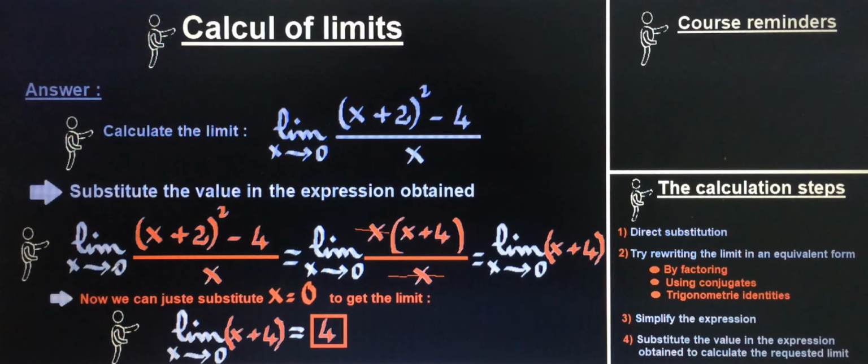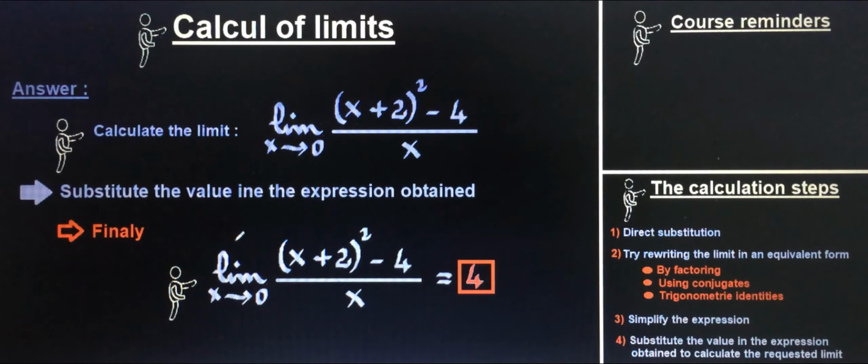The limit as x approaches 0 of the expression x plus 2 squared minus 4 divided by x becomes the limit as x approaches 0 of the expression x plus 4. And we can just substitute the value x equals 0 in the expression x plus 4 to get the limit 4. Finally, the limit as x approaches 0 of the expression x plus 2 squared minus 4 divided by x is equal to 4.